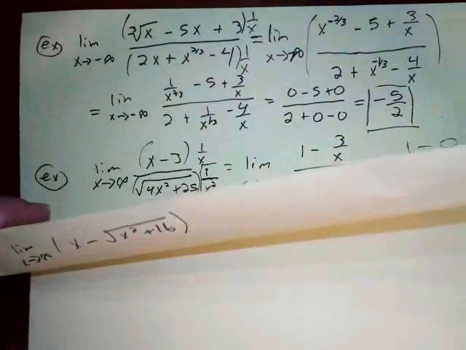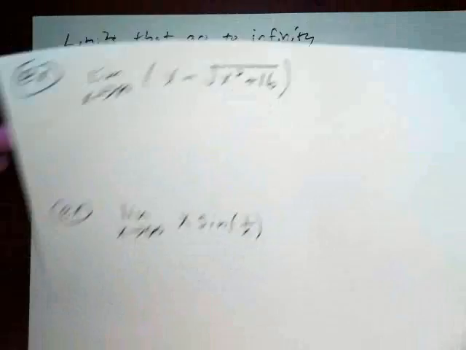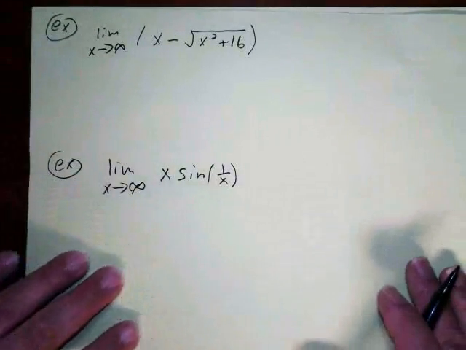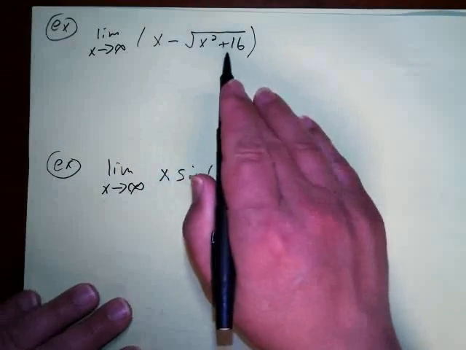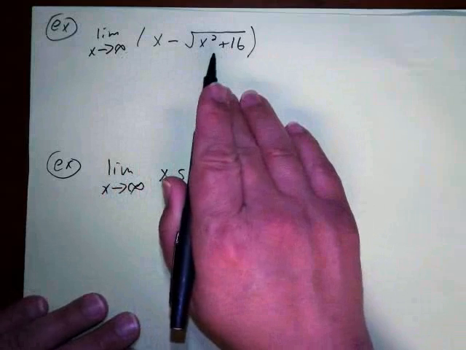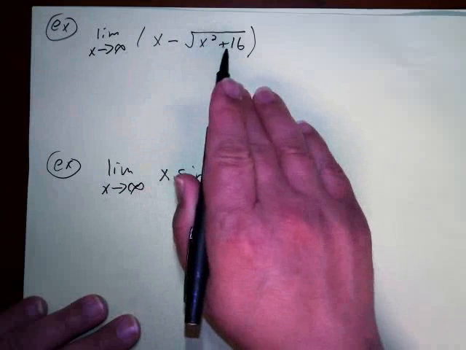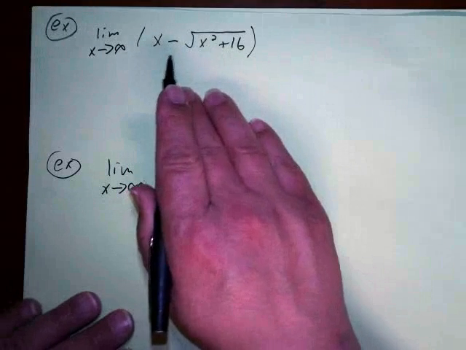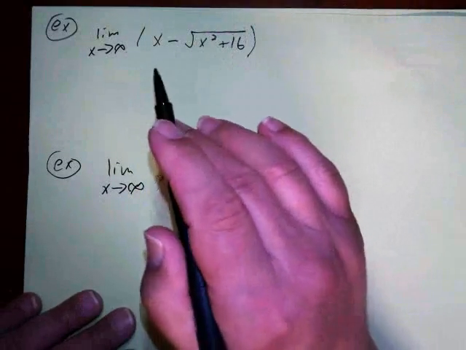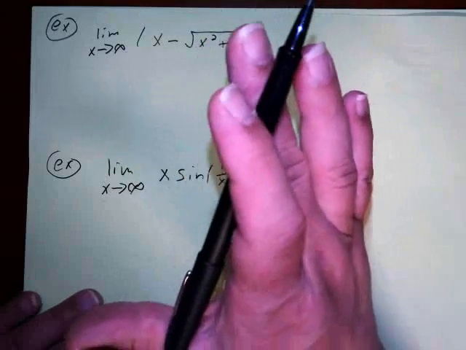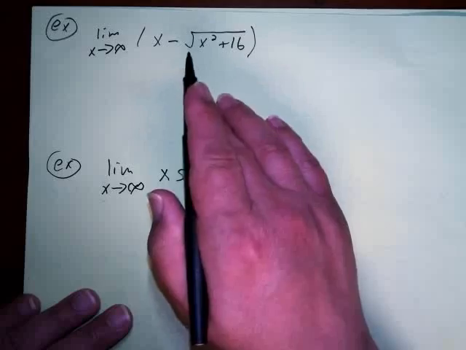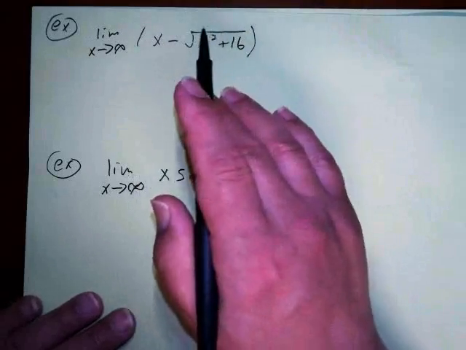Okay, so this is, oh, I have one more here. Oh, I got 2 more. Okay, well, let's try these. Now this one is not a rational function, and as you go to infinity, this goes to infinity and this goes to infinity. They both go to infinity, but when you have infinity minus infinity, they say that's indeterminate, meaning it's not always going to be infinity or 0 or finite.